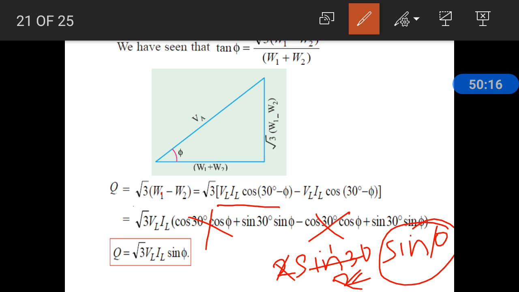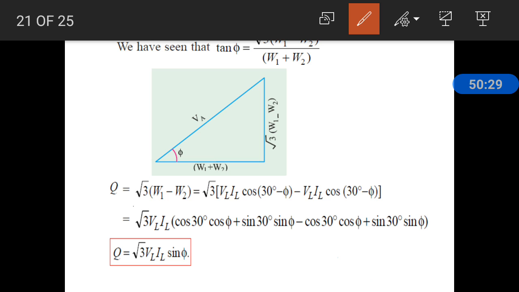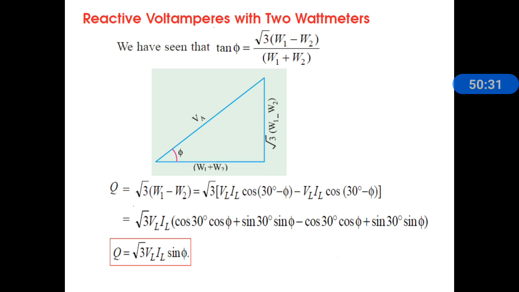So root 3 VL IL sin 5 is the reactive power in kVAR of the load. So if we know the values of W1 and W2, we can calculate the reactive power directly.